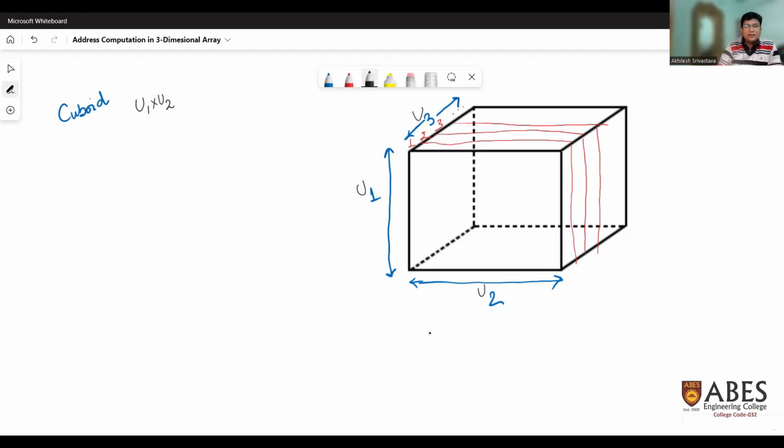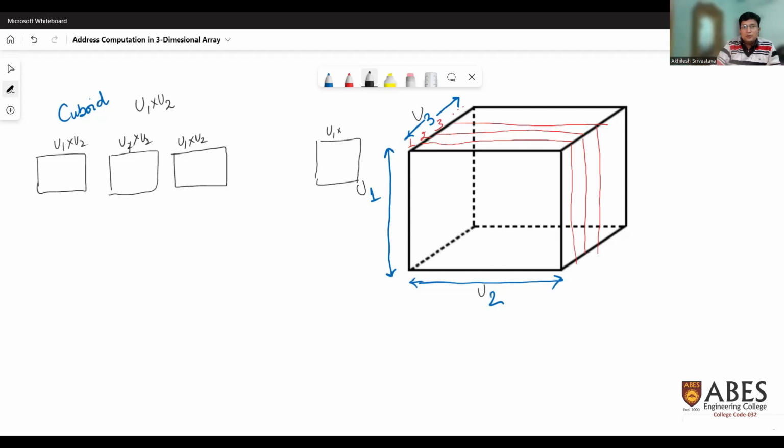So if I separate these slices, this is the first u1 cross u2 slice. Let's take this one as the second u1 cross u2 slice, and this as the third u1 cross u2 slice. Similarly, we have many u1 cross u2 slices, and the count of these slices will be u3 because the third dimension is u3.